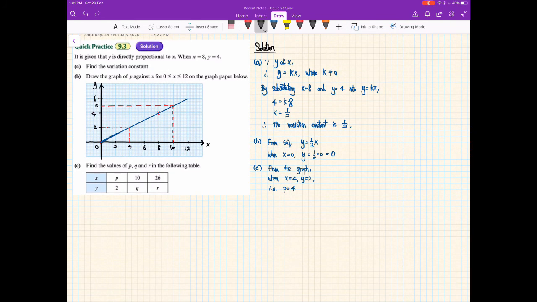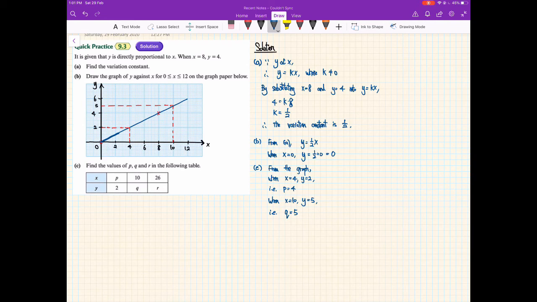So that means Q will be 5. When x is 10, y is 5. So that means Q is equal to 5.